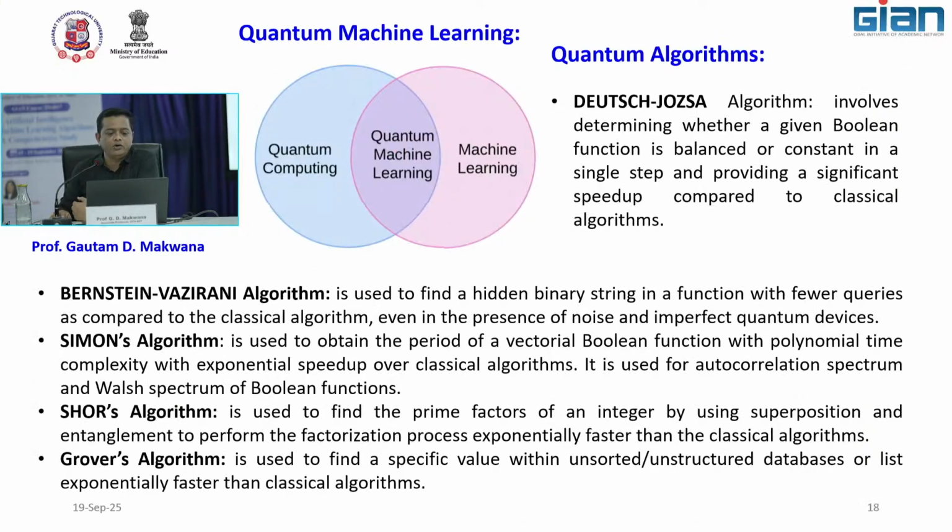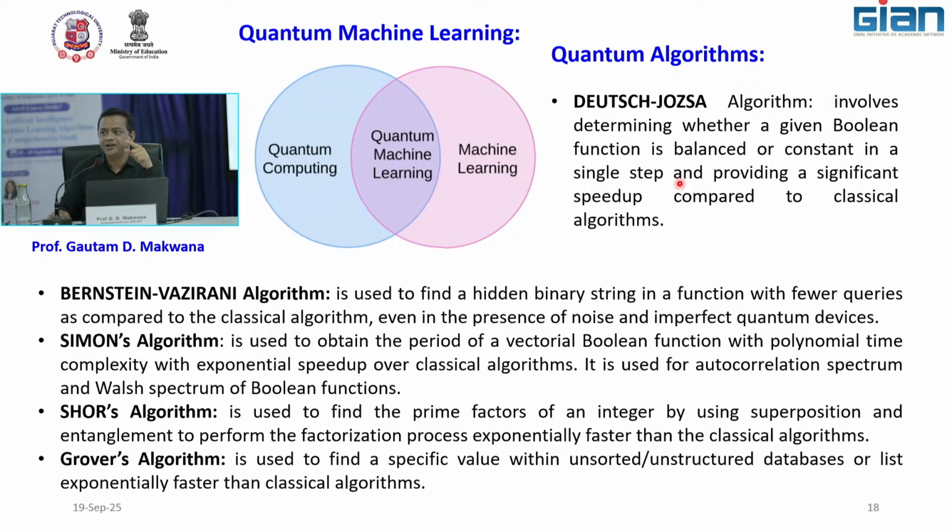Now, what is quantum machine learning? Machine learning and quantum computing are both different phenomena, and if you combine the concepts of quantum computing with machine learning, that is known as quantum machine learning. There are many algorithms here. There is the Deutsch-Jozsa algorithm, which involves determining whether a given Boolean function is balanced or constant in a single step.